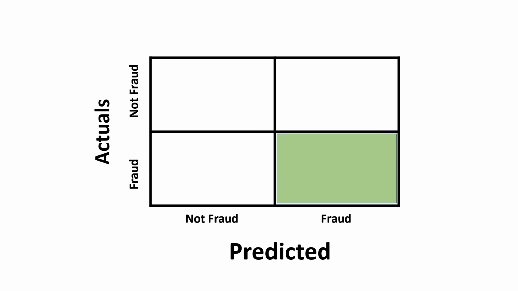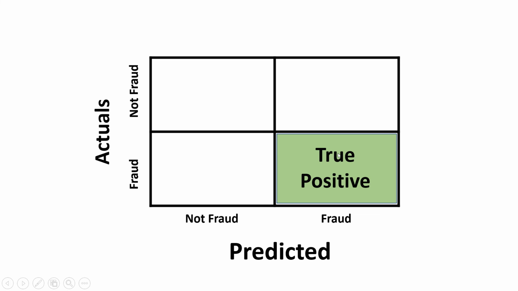Now if you focus on this particular box, here what we predicted is fraud and what it actually is also fraud. So it's the intersection of this and this, and this area will be termed true positive. Why? Because what we predicted is positive and what actually was also positive. That's why it is true. Our prediction is true.